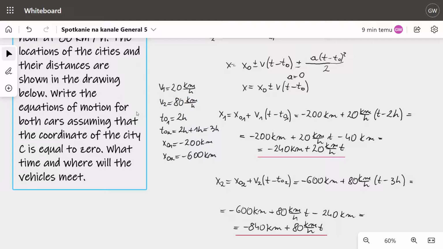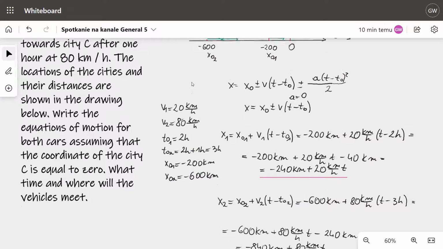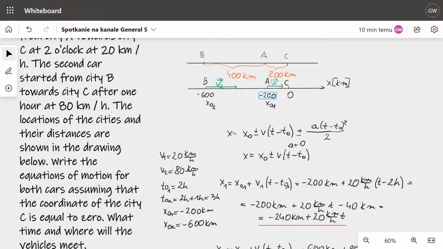First car began to move at 2 o'clock. Second, 1 hour later, so at 3 o'clock. Coordinates of initial positions of cars are equal to minus 200 and minus 600 kilometers. We see it here and here.